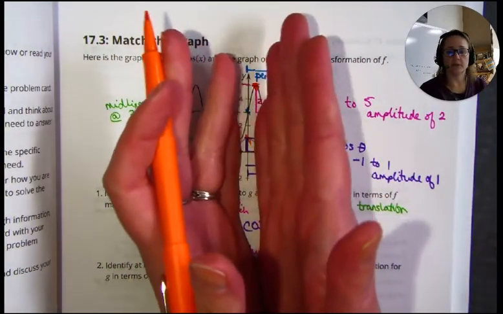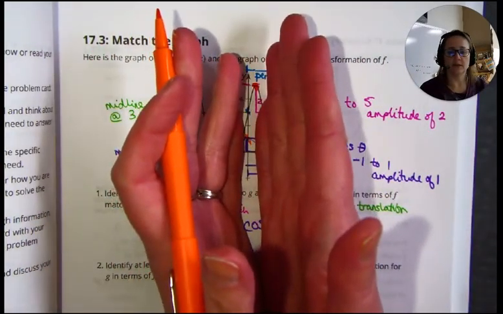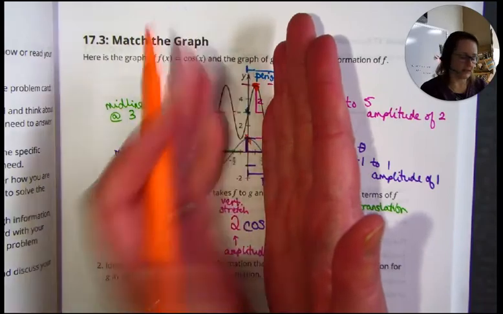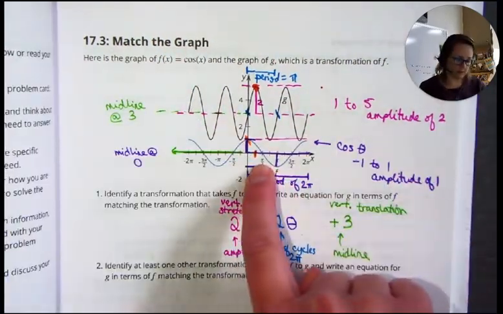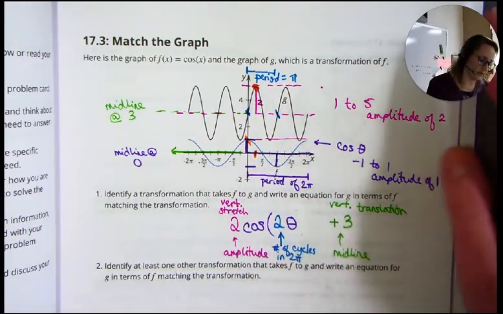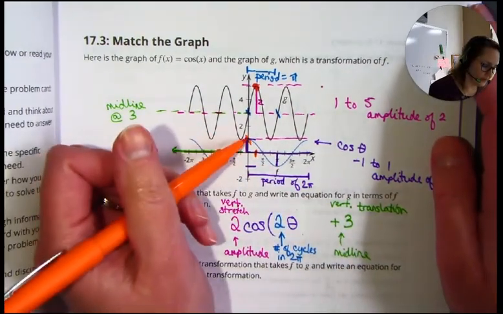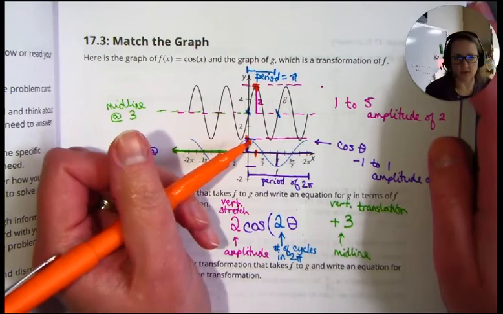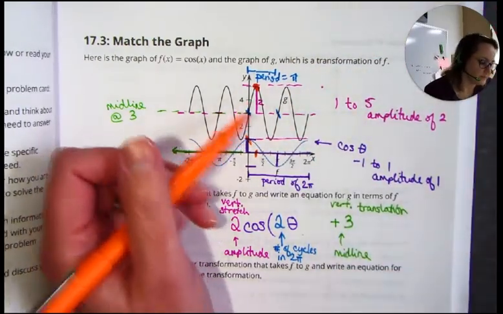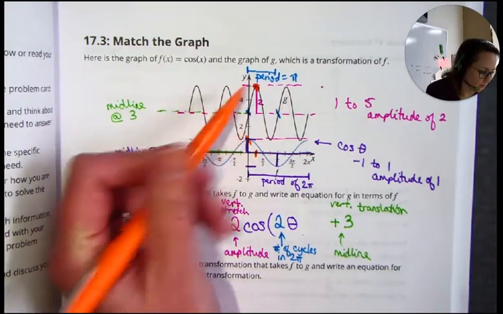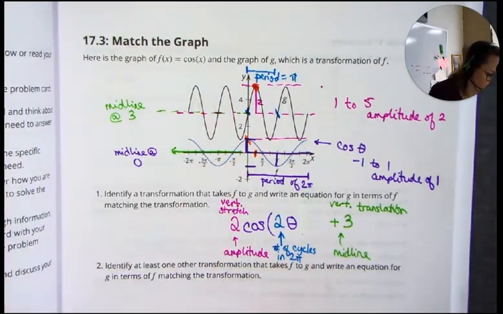That maximum that was happening at 0 has now shifted over and is happening at whatever this line represents. So that starting point, the maximum, it's always good to look for a maximum or an x-intercept or something like that. I like looking for that maximum here. It now happens at pi over 4.